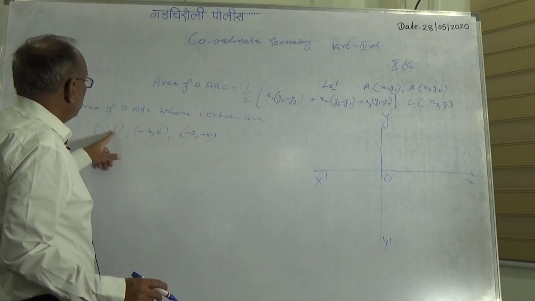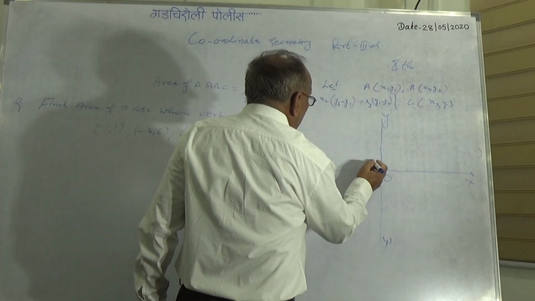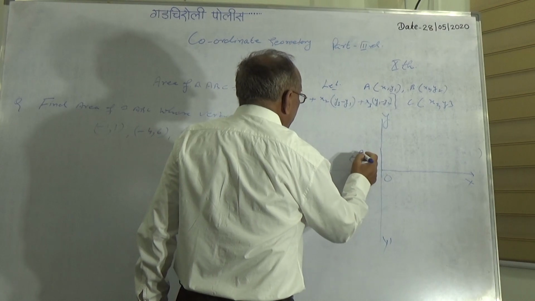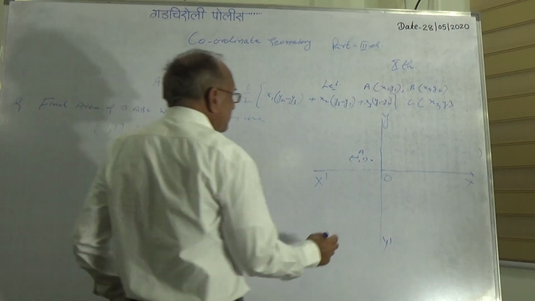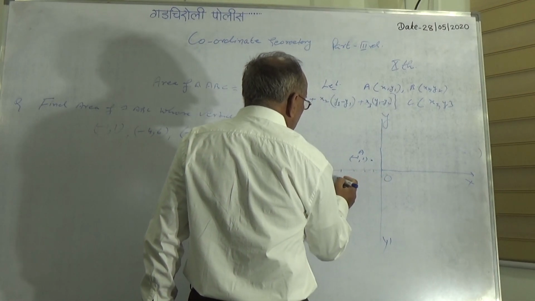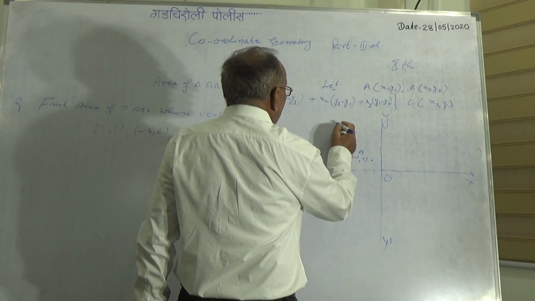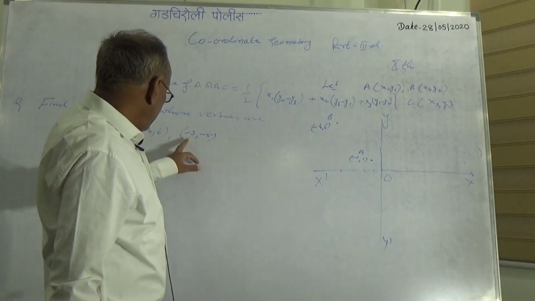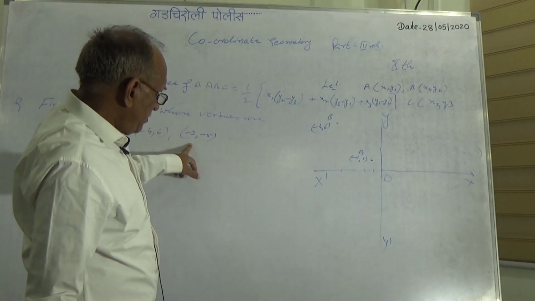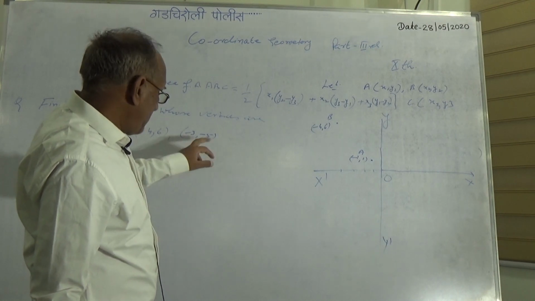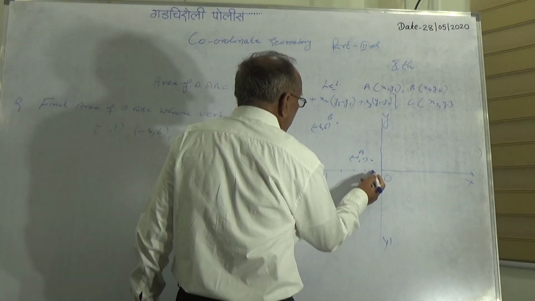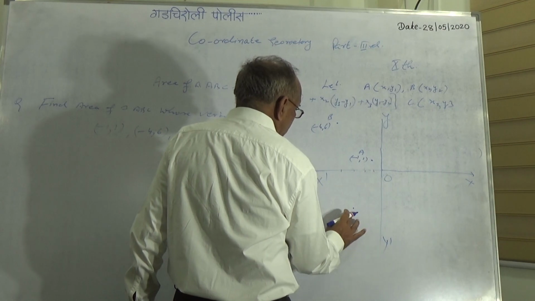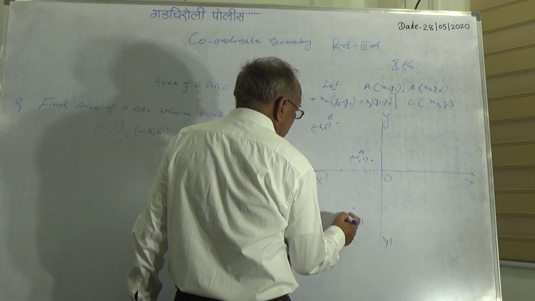Now, minus 1, 1, here minus 1, 1, this is a point A. Minus 4, 6, 1, 2, 3, 4, minus, plus 6 upward, minus 4 and 6, point B. Or minus 3, minus 5, minus 3, 1 2 3, minus 5 downward, minus 3, minus 5.